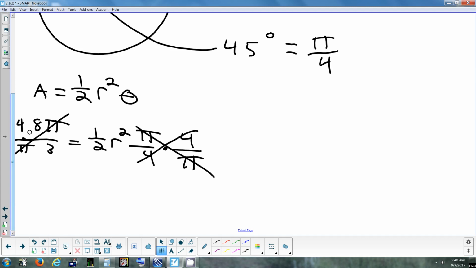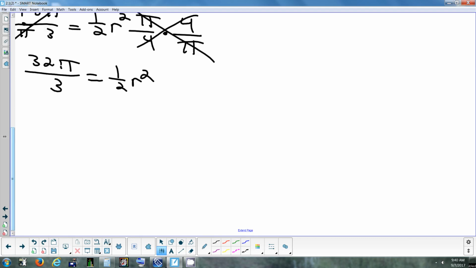Okay, so let me make that look a little better. So now we have 4 times 8, 32 pi over 3 equals 1/2 r squared. Okay, Paige, what would I do next? Multiply both sides by the reciprocal. Yeah, multiply both sides by the reciprocal, which in this case is 2.